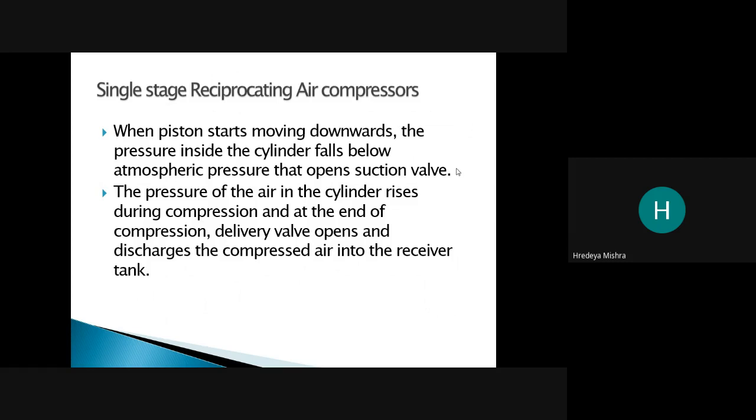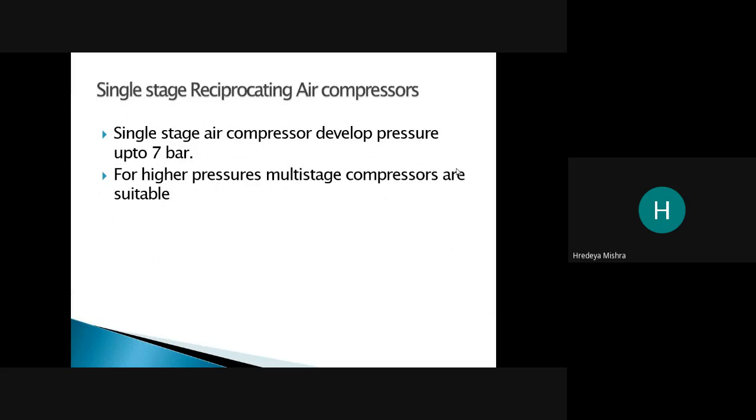The pressure of the air in the cylinder rises during the compression, and at the end of the compression, the delivery valve opens and discharges the compressed air into the reserve tank or air tank. A single stage air compressor develops pressure up to 7 bar.